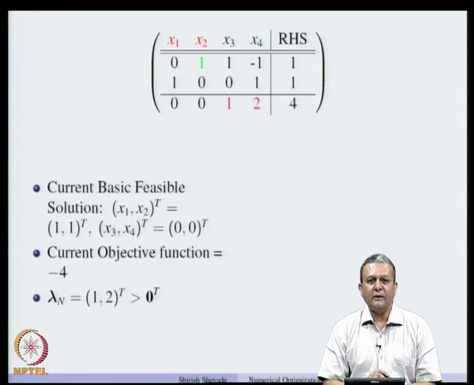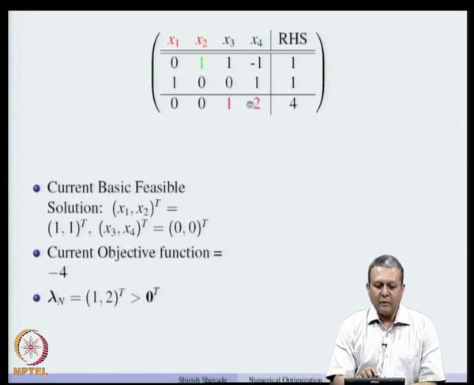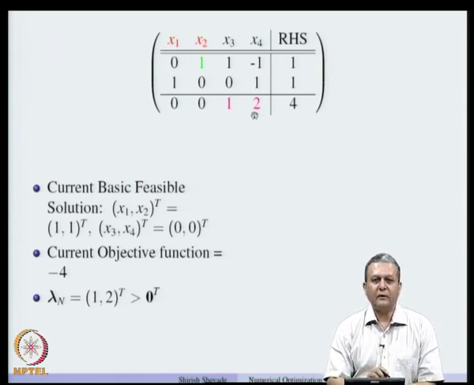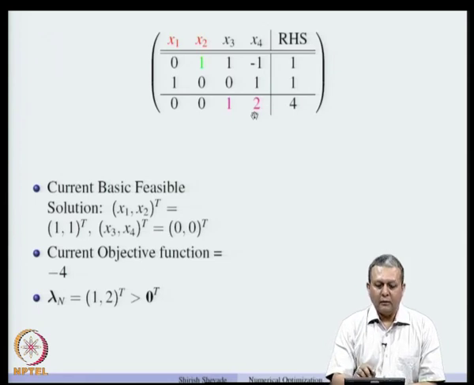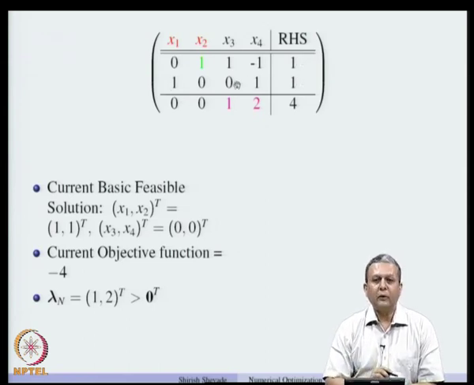If we want to summarize, the final tableau that we get gives us all the details. The current optimal basic feasible solution is x2 equal to 1 and x1 equal to 1, x3 equal to 0 and x4 equal to 0, those are the non-basic variables.